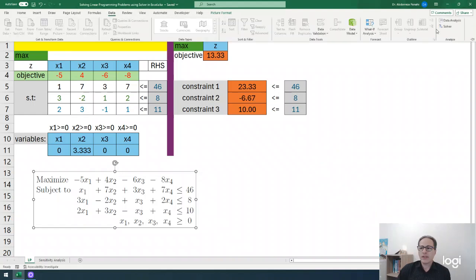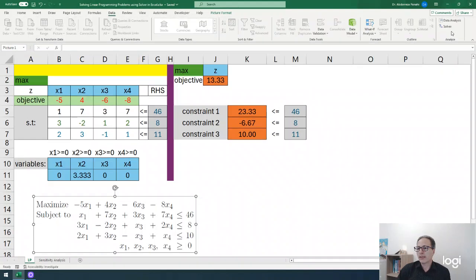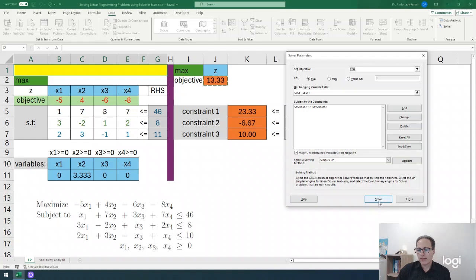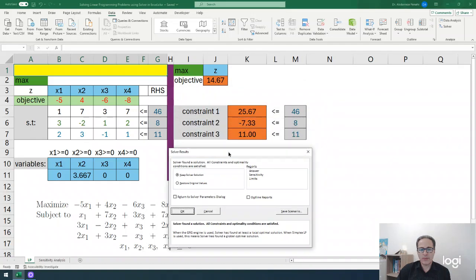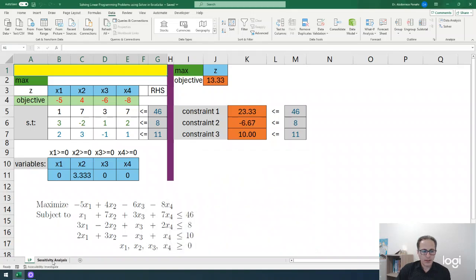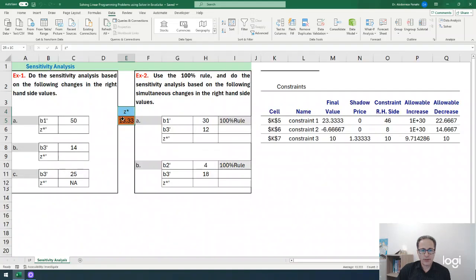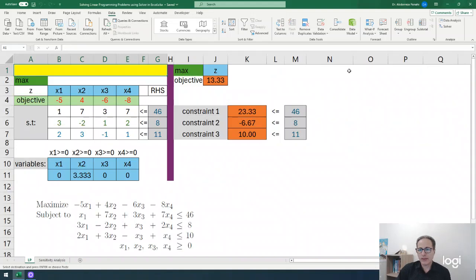Now, if we run the solver and solve it again, then we will see the new objective to be 14.67. What was the original one? The original one, I put here. Let me copy this one and paste here so that we can compare with this.